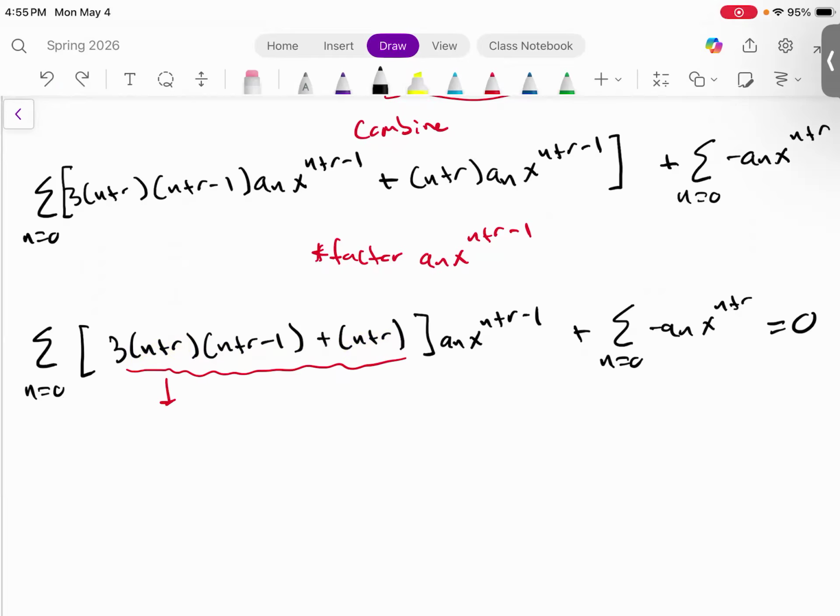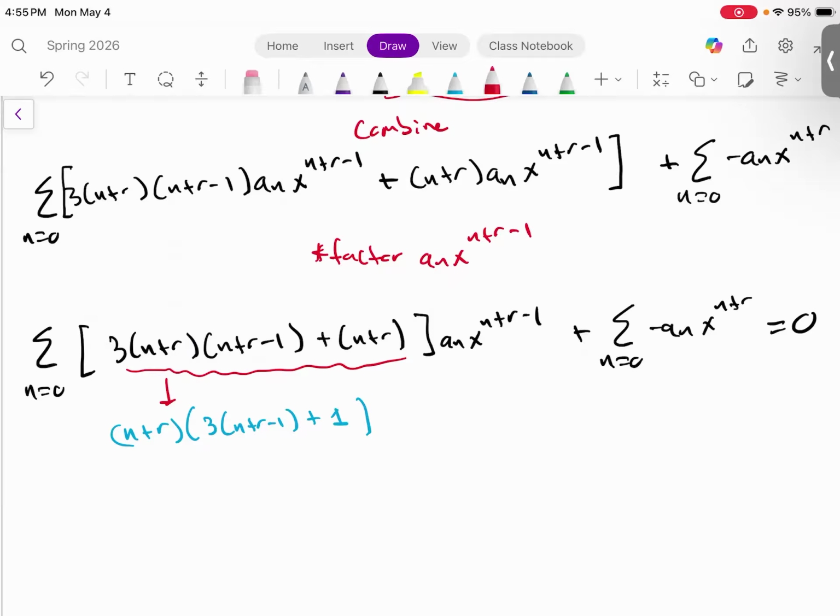So this would be n plus r times 3 times n plus r minus 1, plus 1, because I'm factoring an n plus r out of this whole expression.